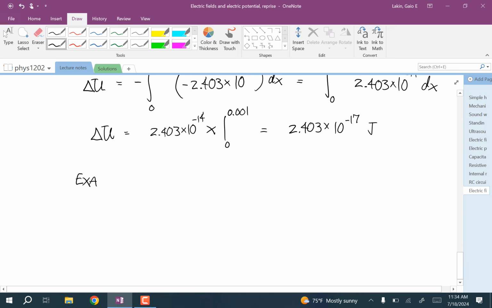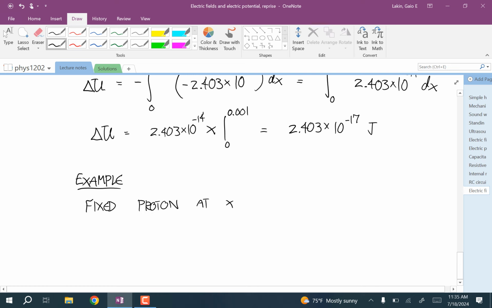We've also done electrical problems using fixed charges. So let's say we have a fixed proton, and that's going to be at x equals 0.